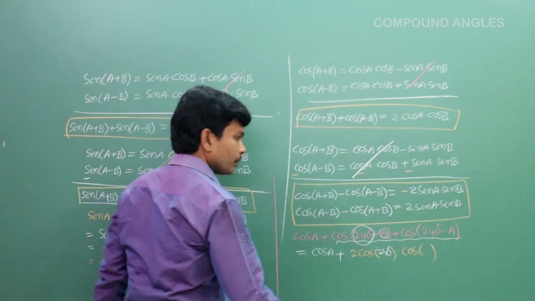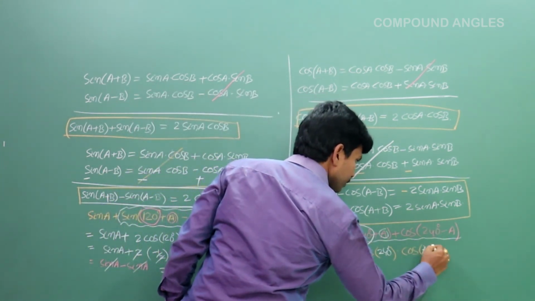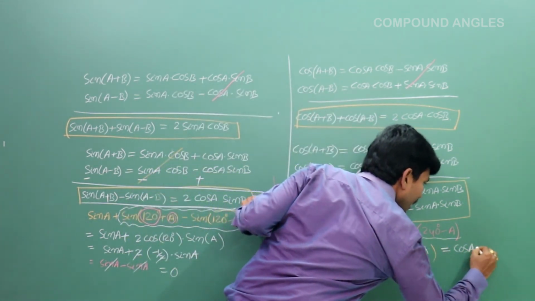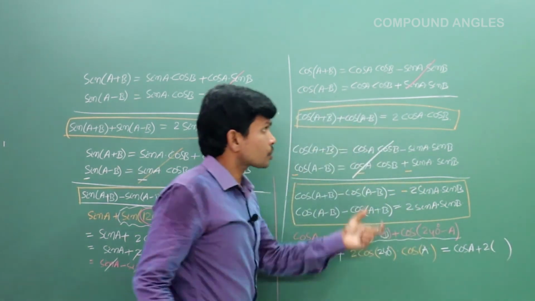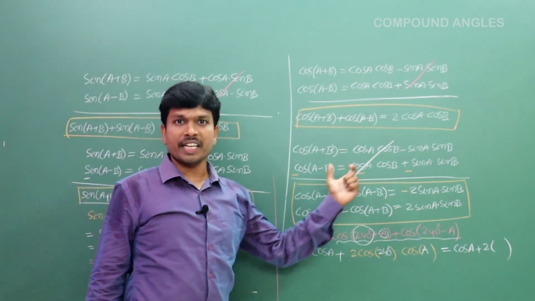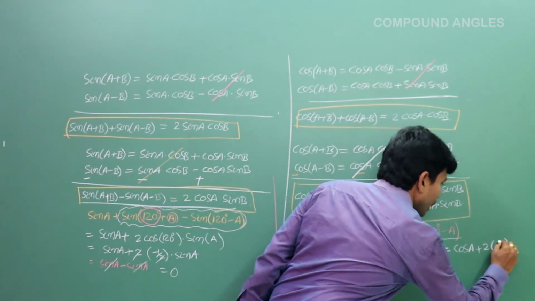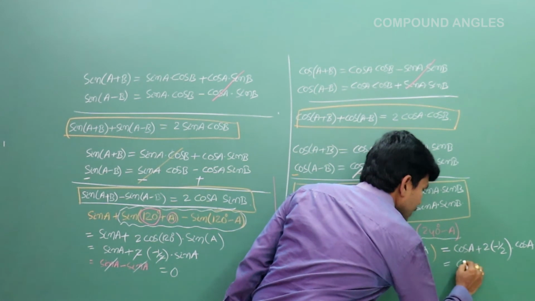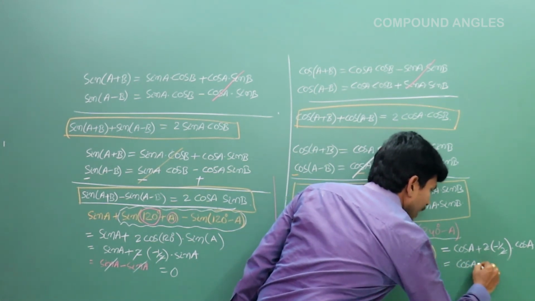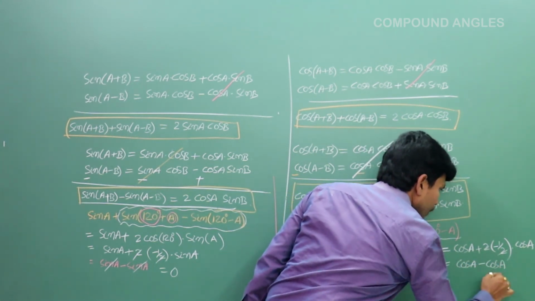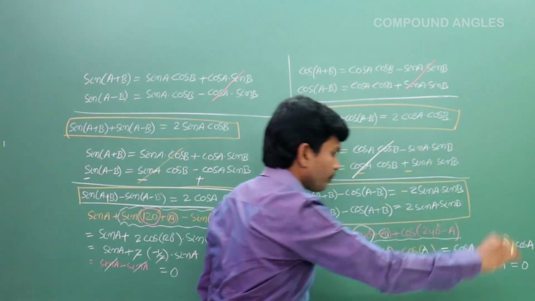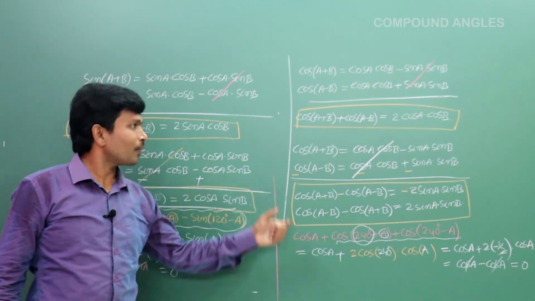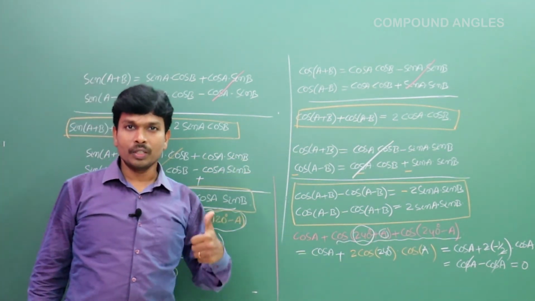And what is the B value? B value is A. So that is equal to cos A plus 2 of cos 240 degrees value. Cos 240 degrees value is minus 1 by 2 into cos A. So now your answer is cos A, 2 get cancelled, minus cos A. Cos A gets cancelled, 0. Okay. Got it or not? So these are the applications of these formulae. Good.